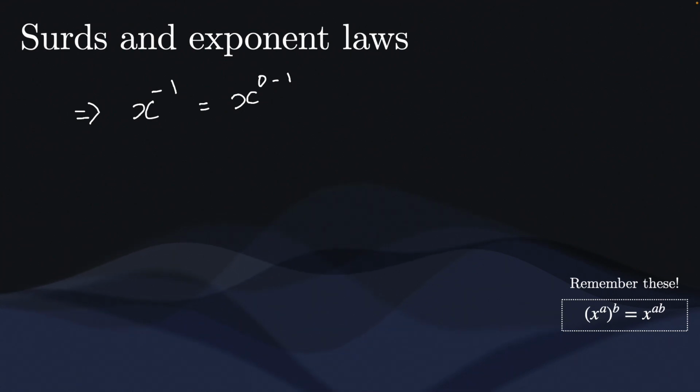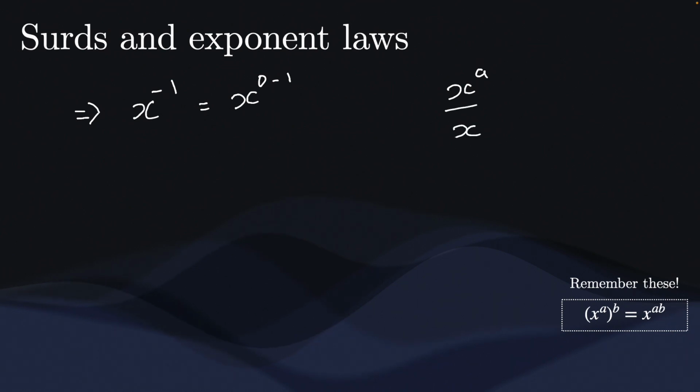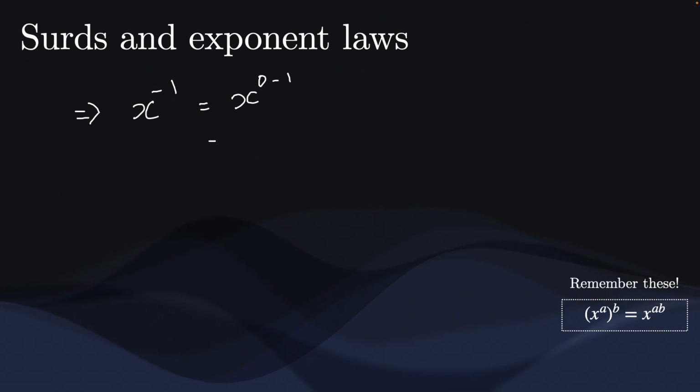And remember the previous law that I gave with division? That x to the a over x to the b is equal to x to the a minus b, right? Therefore, what we can say is that that is equal to x to the 0 divided by x to the 1.